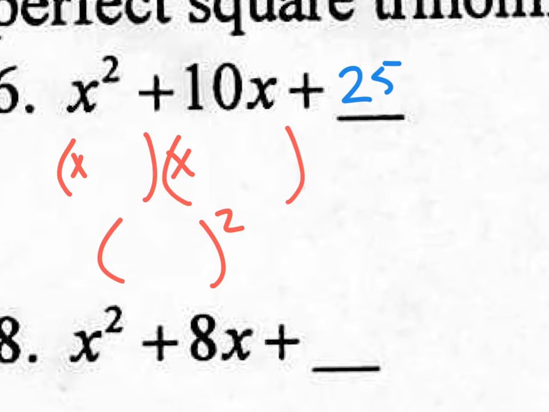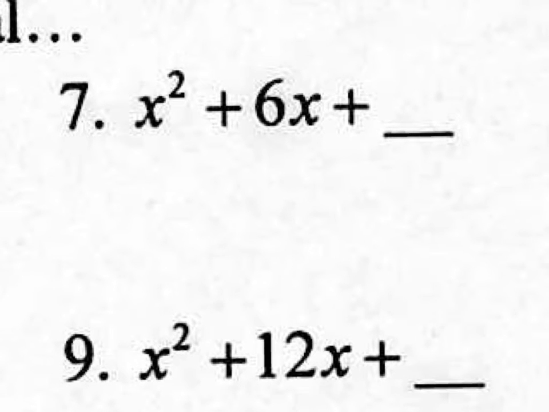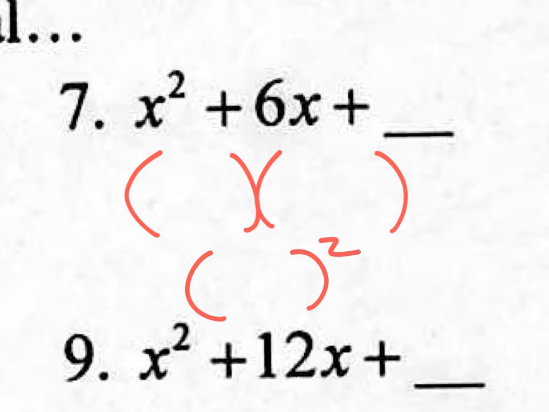How about number 7 over here? Once again, what value right here would give you the same exact binomial here and here that ultimately you'll be able to write as a binomial squared? Now, why do we want to write it as a binomial squared? Because on an equation, if you have a binomial squared, you could square root to get rid of it, right? So what value would give it? 9.